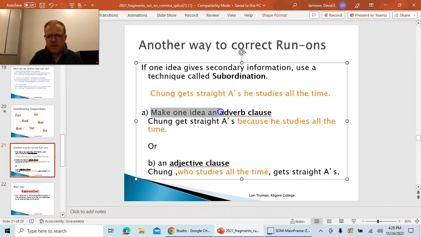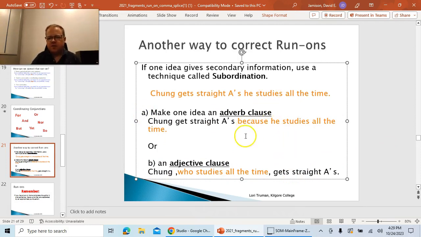Make one idea an adverb clause: Chung gets straight A's because he studies all the time. Or an adjective clause: Chung, who studies all the time, gets straight A's. So one of these is describing how he's studying all the time, and the other one is describing him.